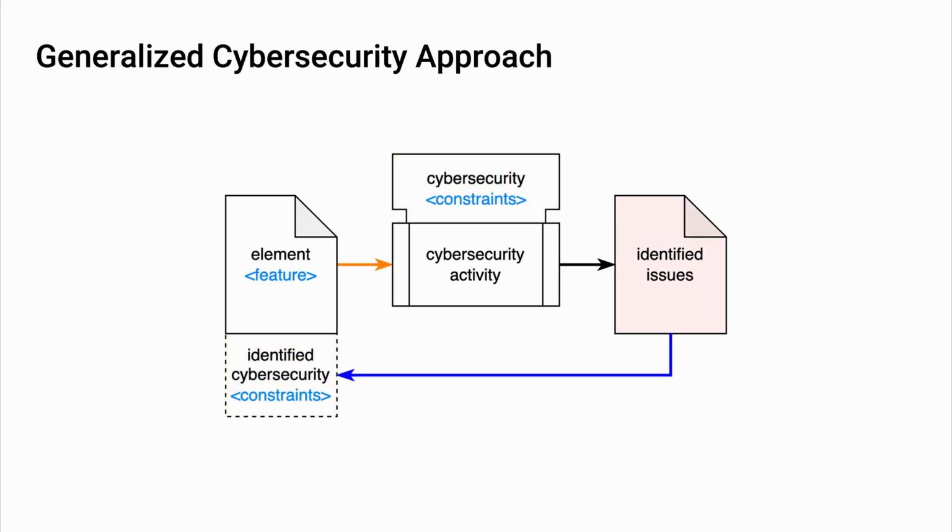The activity produces a set of issues where the cybersecurity requirements have been violated. We then either attach those requirements to the element if they're not present, or verify that they're being applied if they're already present. Now keep in mind that you can have constraints in place that aren't actually implemented.